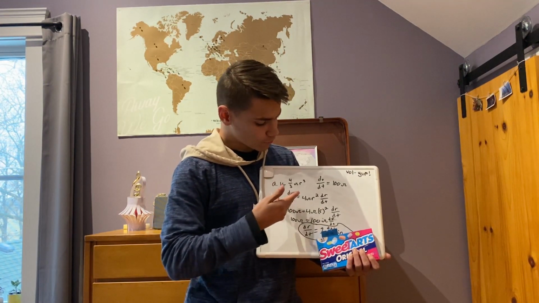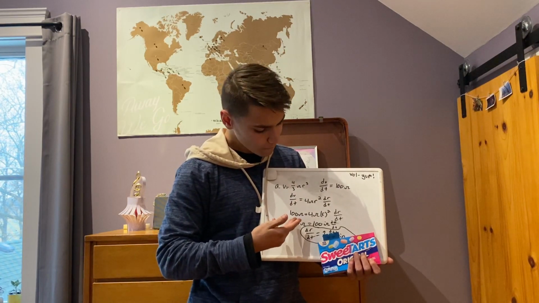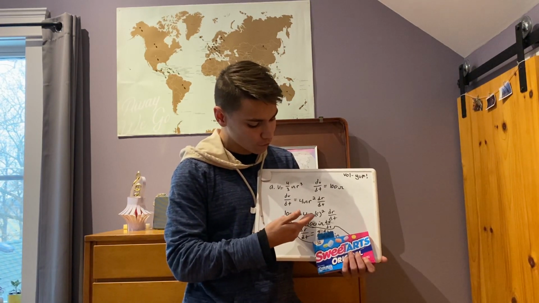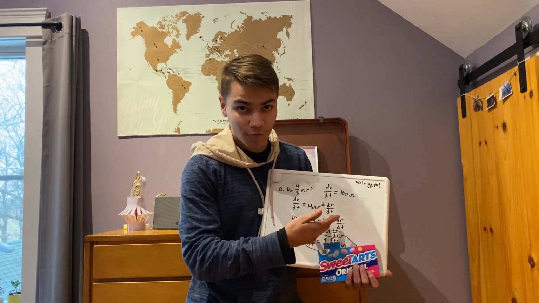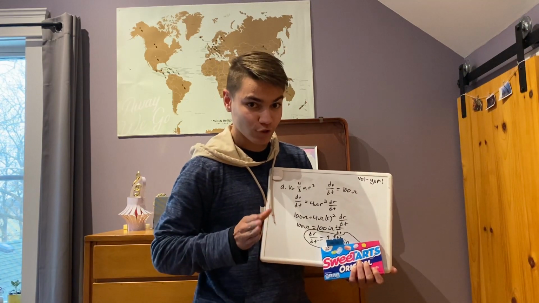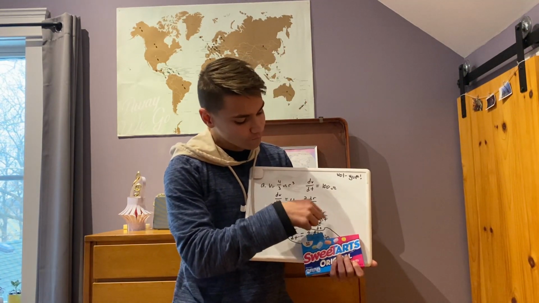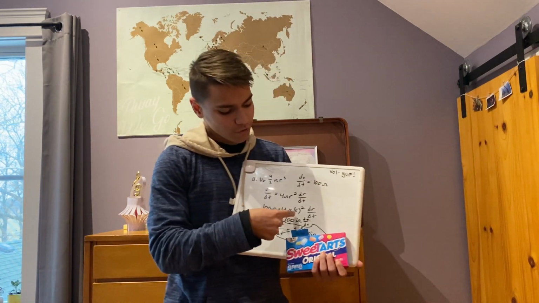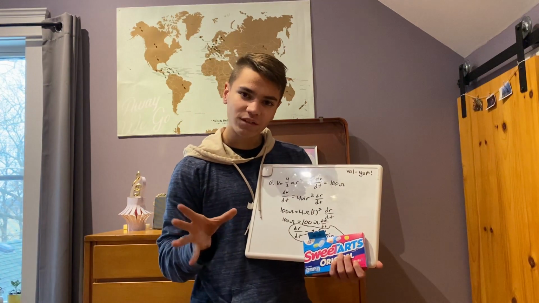So, since we know that dV over dt is 100 pi, we can plug 100 pi in. Over here, we got 100 pi equals 4 pi. And then also, we can plug 5 in for the radius, because the question specifically states whenever the radius equals 5. I'm going to plug 5 in for the radius, 5 squared dr dt. Now, 5 squared, of course, is 25, times 4 is, of course, 100.